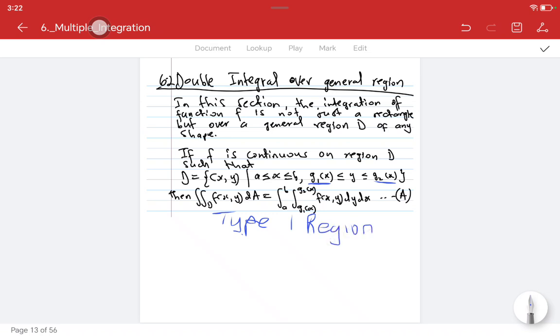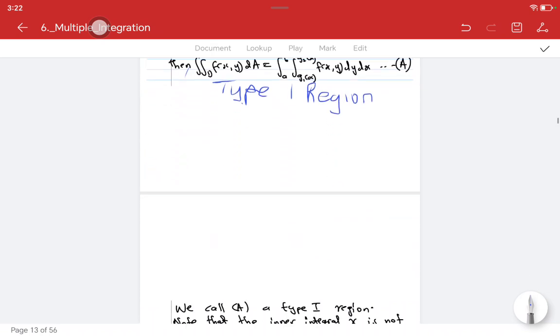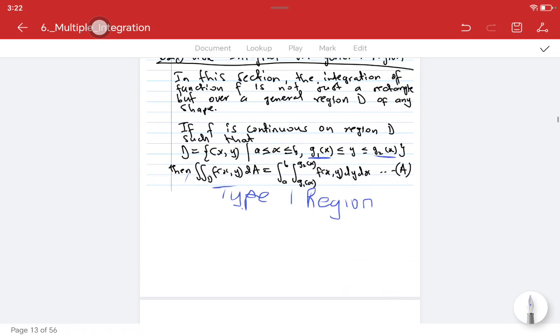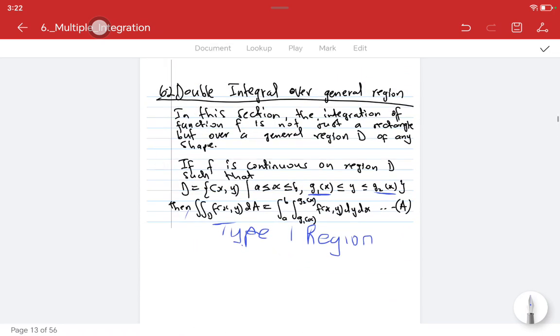You see right now, this will be type 1 region. And so you must know how to also write this. They can say state type 1 region, state type 2 region. Remember, they can ask you anything, so it's better to study with understanding, to know that this is how I write type 1 region, type 2 region.